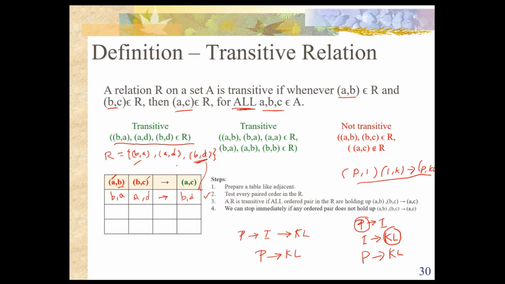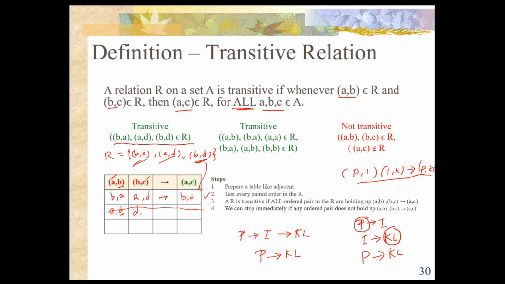But we're not done yet. We are just done with the first, (B,A). We must proceed with (A,D). Then the next one is D, because this is the connector. Do we have D with something else? None, right? Because we don't have D with something else, we can skip this part.